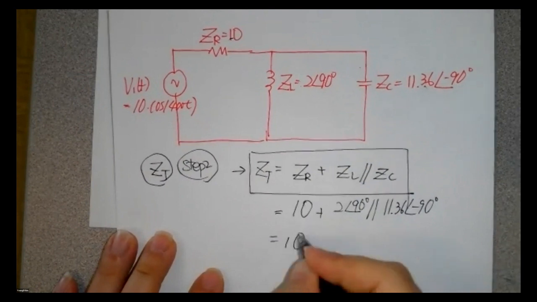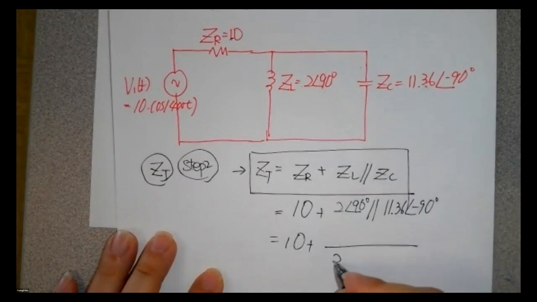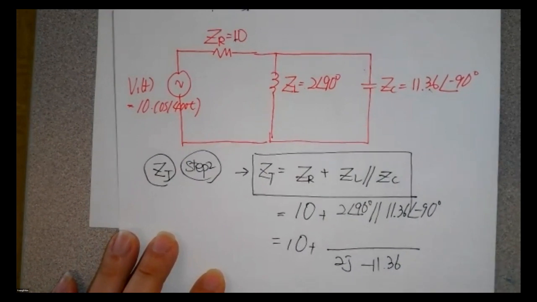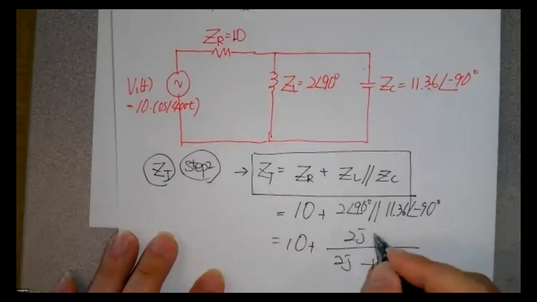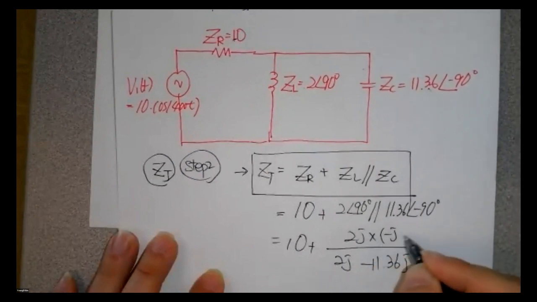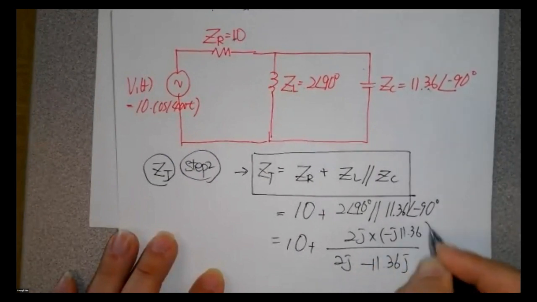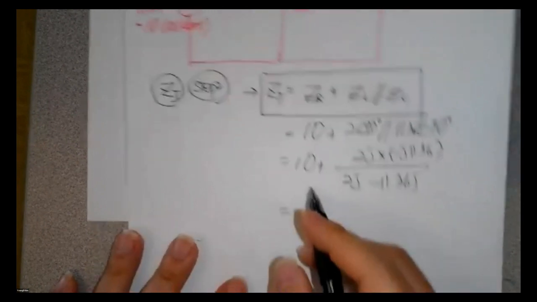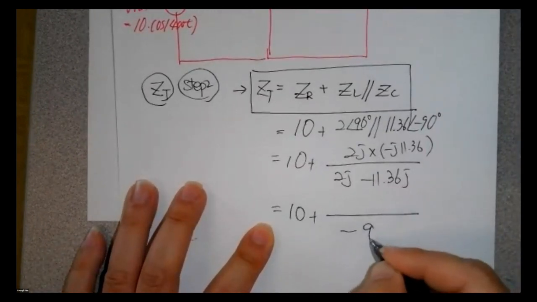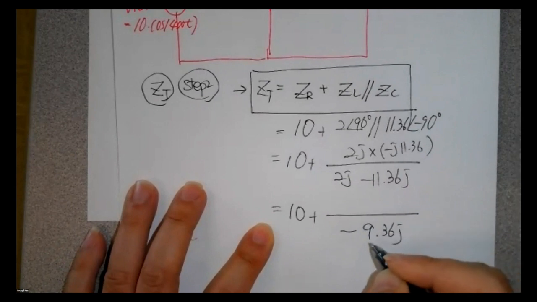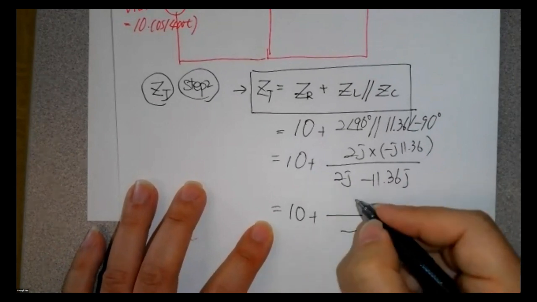So we're going to write 2j times minus j 11.36, and then 10 plus minus 9.36 j here.